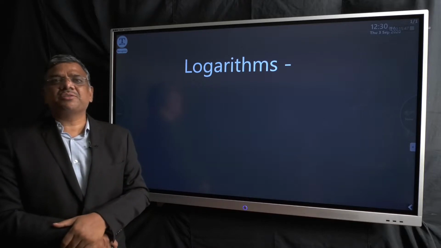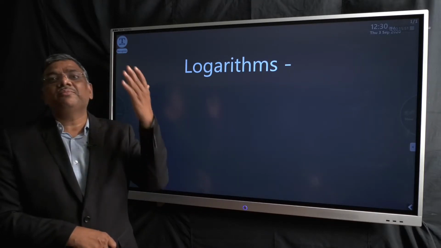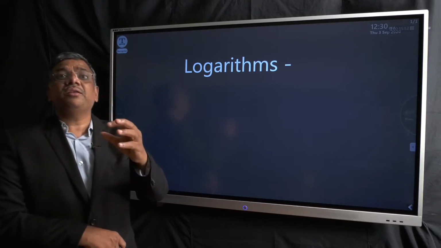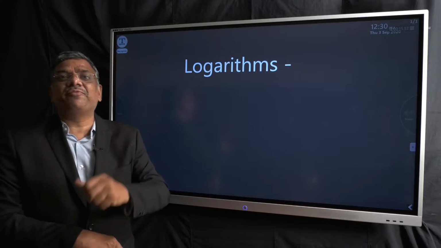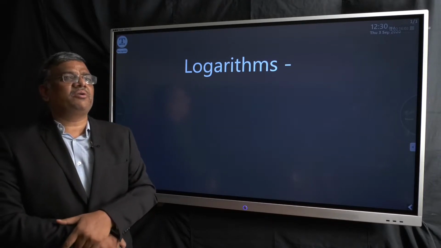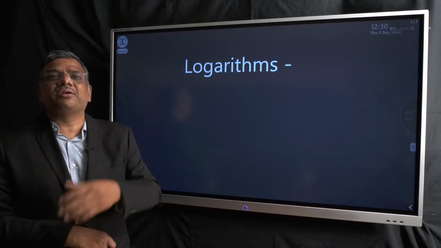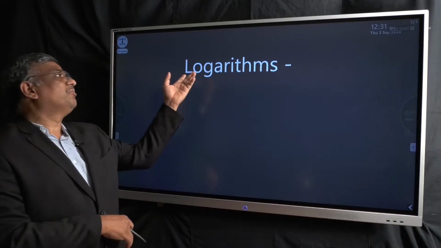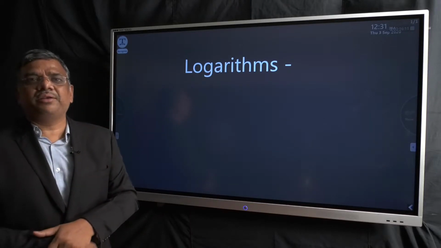Our mathematicians and physics scientists were facing this problem for many days. Then almost in the last days of the 15th century, mathematicians, particularly John Napier, started doing this work. He created one transformation called logarithms, right?